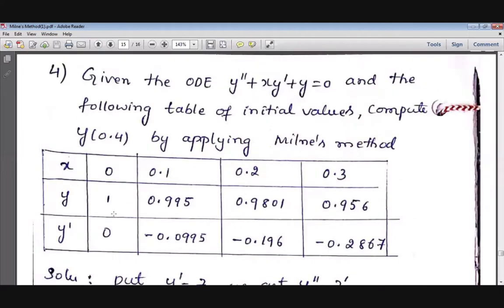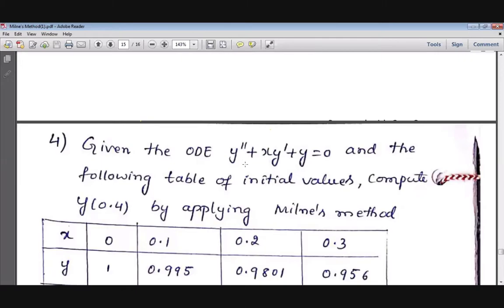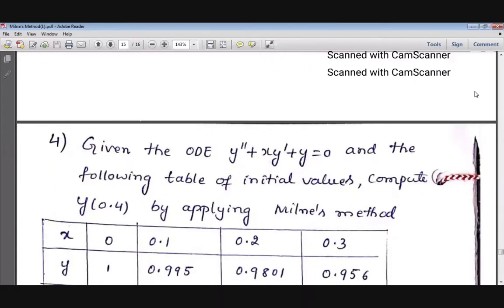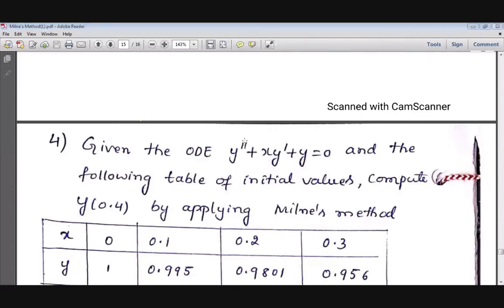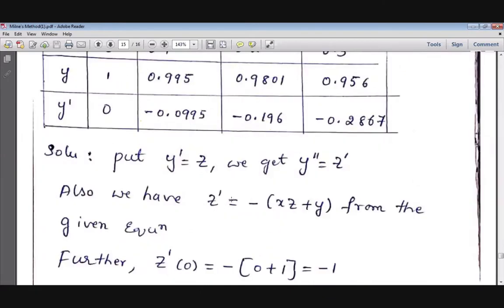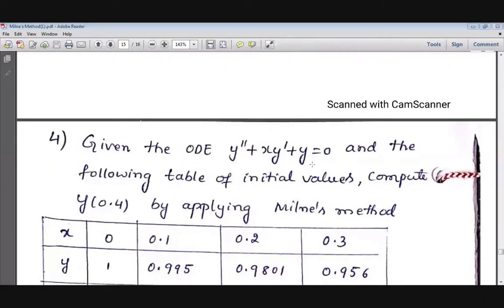Now, change the problem according to this. In place of y double dash, what will come? In place of y double dash, z dash will come. And in place of y dash, z will come. y as it is.